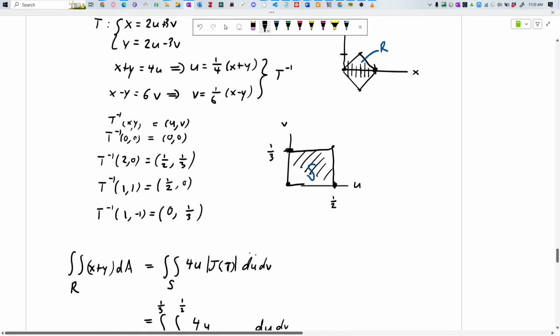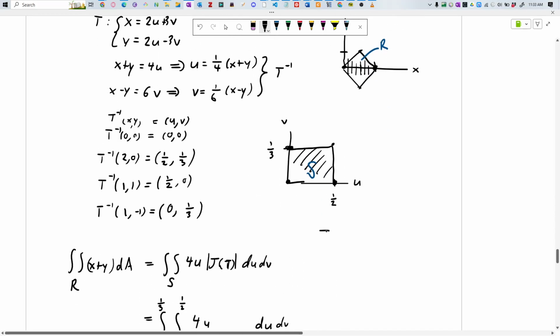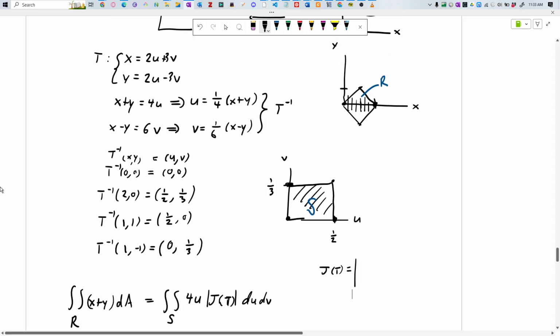So the Jacobian of t is the collection of partials. We're using t, not t inverse, which means that we have x sub u, x sub v, y sub u, y sub v.